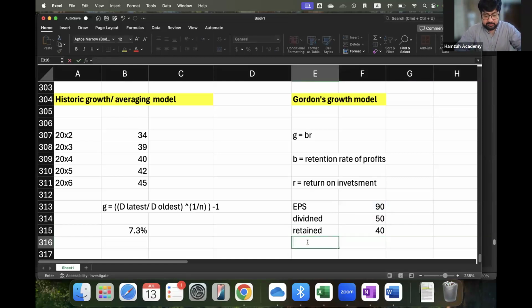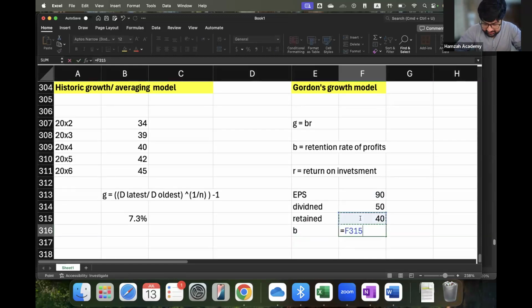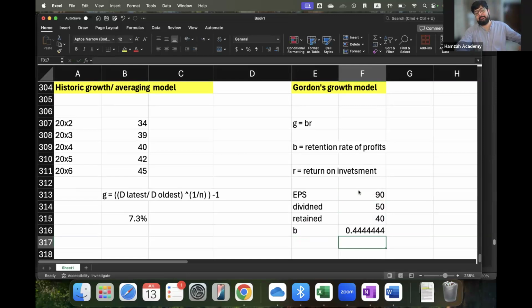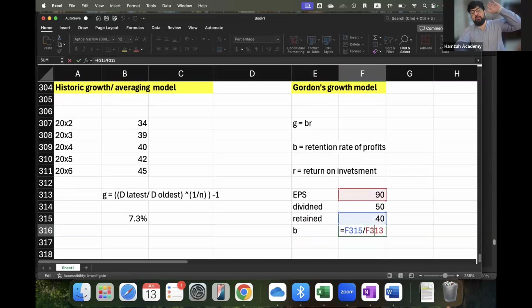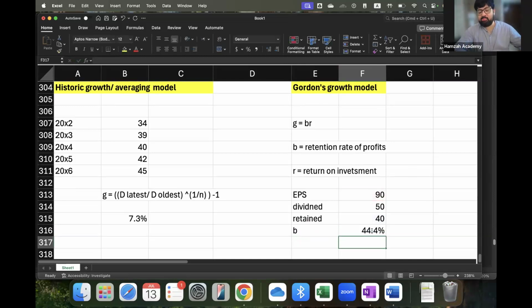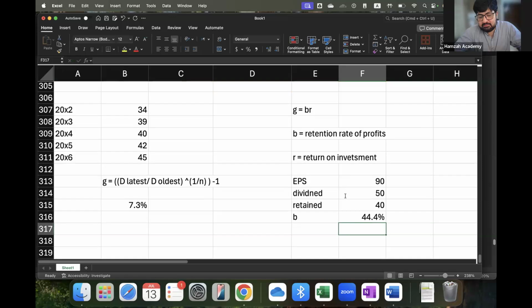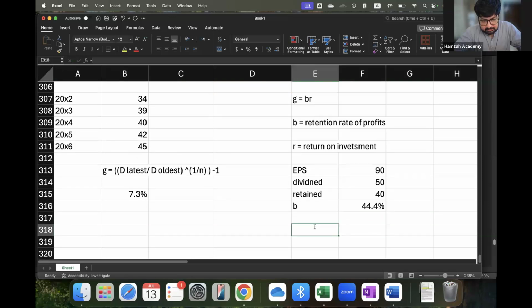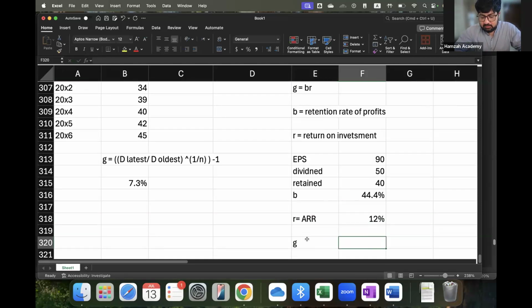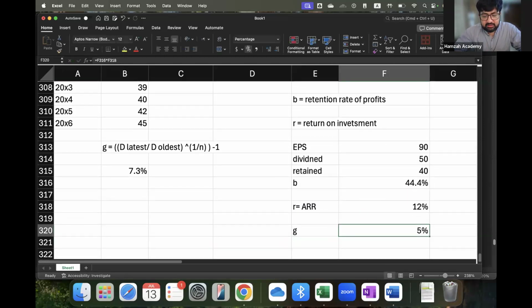We need B: 40 retained out of EPS, earnings per share. R is the return on investment of the company, also called ARR, 12% for example. So G is B into R, and the growth rate is in front of you.